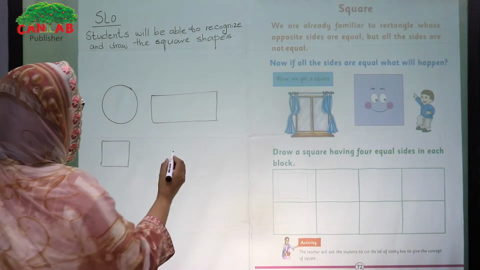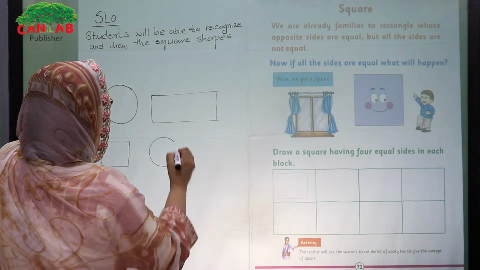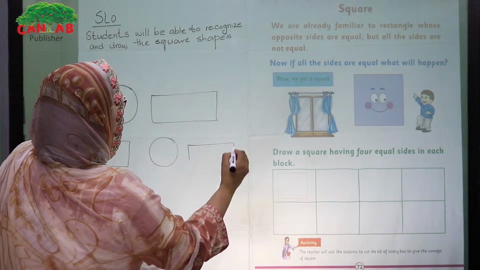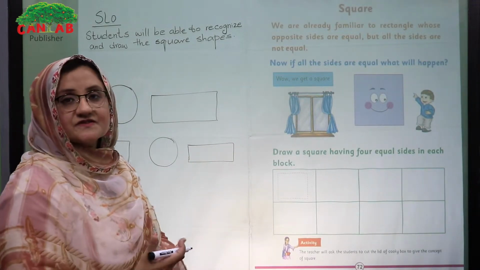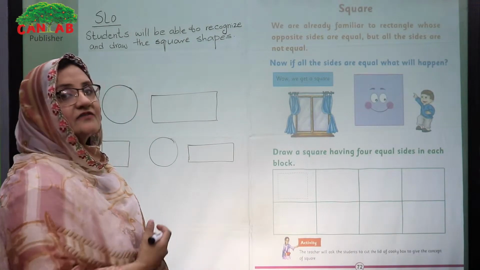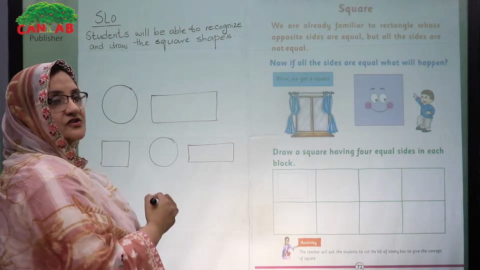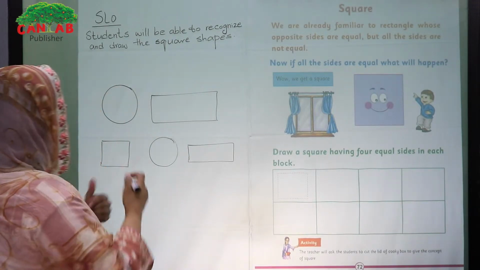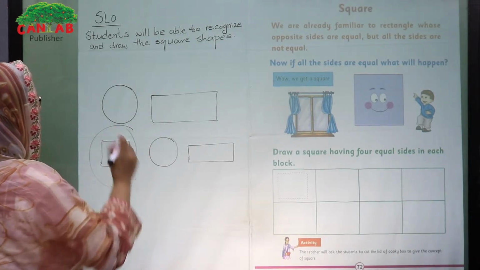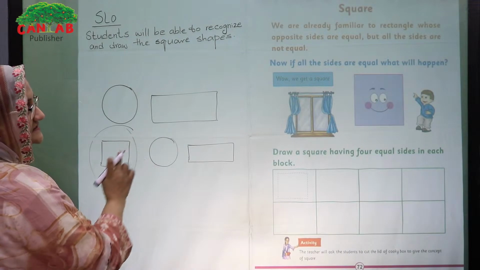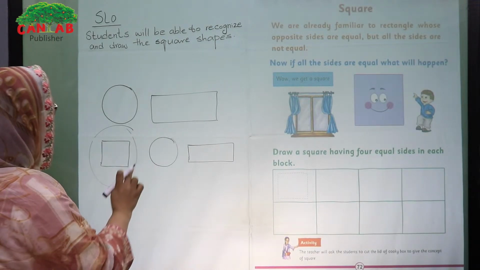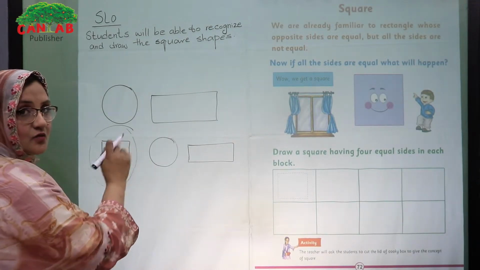Now, who is going to come here and find the square for me? You have to encourage the students. Students, come here and try to find the square shape for me. Yes, this is a square because it has all the sides equal.